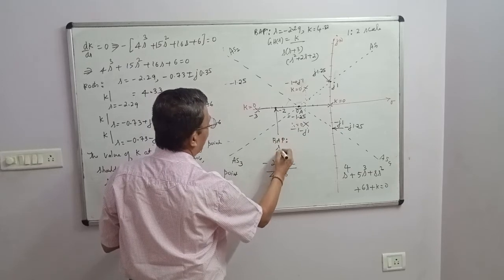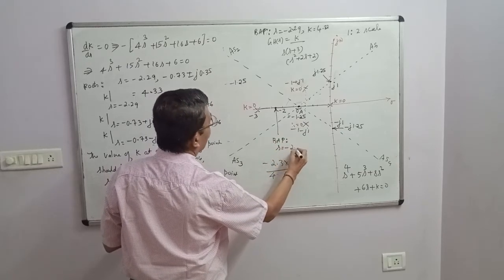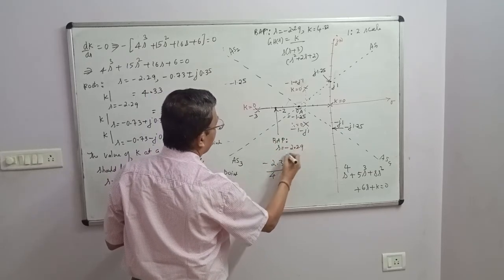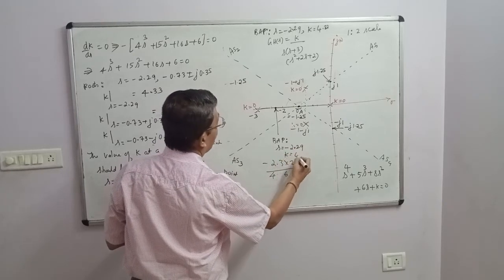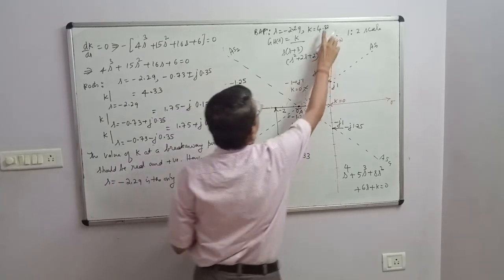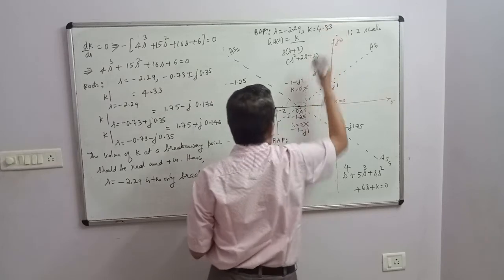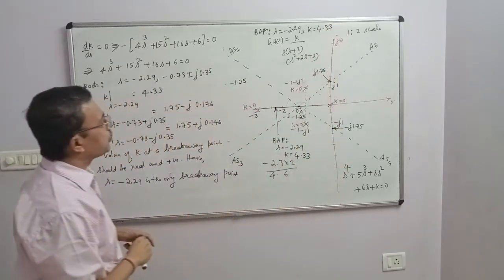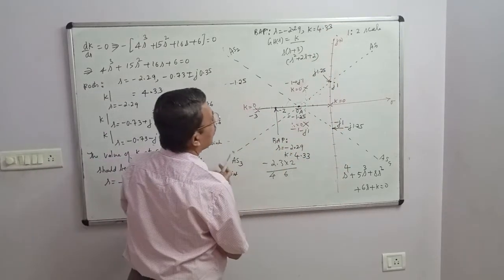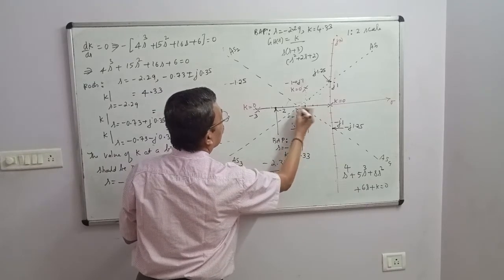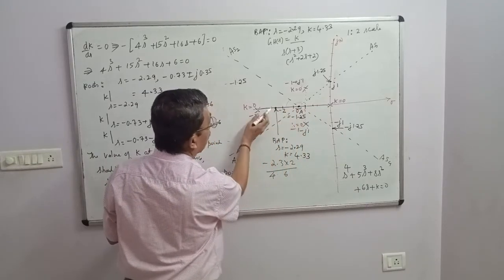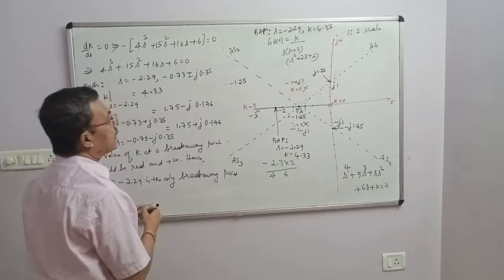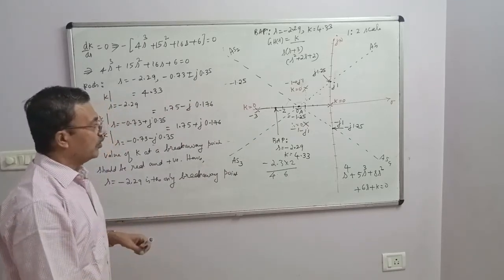What is the breakaway point? S is equal to minus 2.29. Value of k at the breakaway point is 4.33. This is 4.6 divisions.